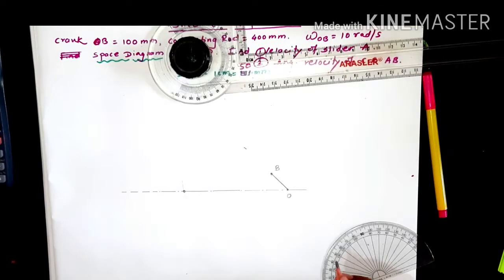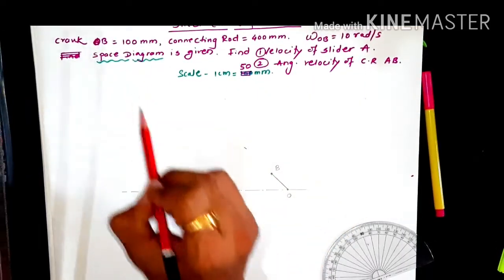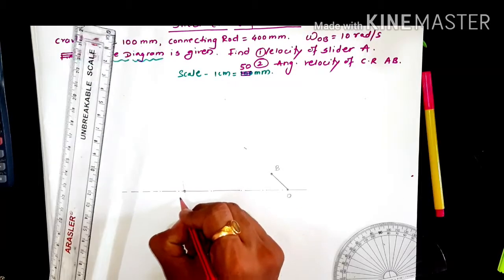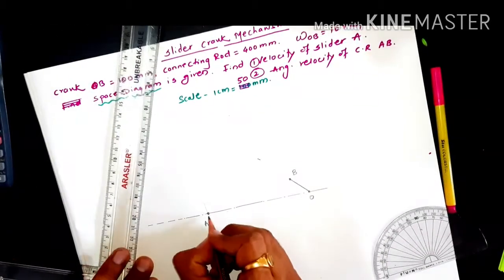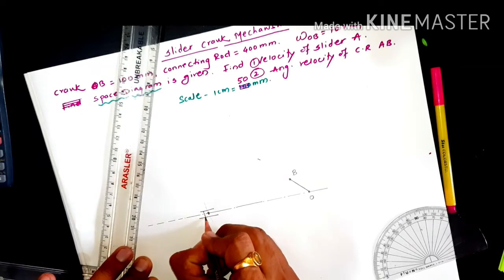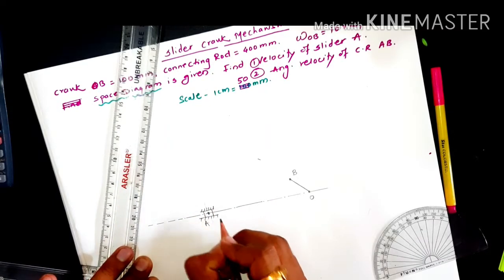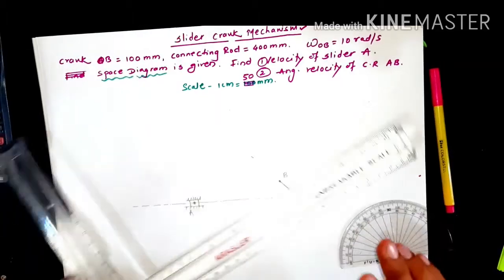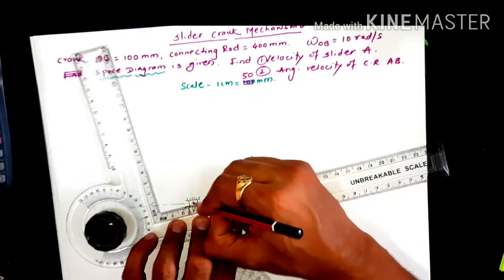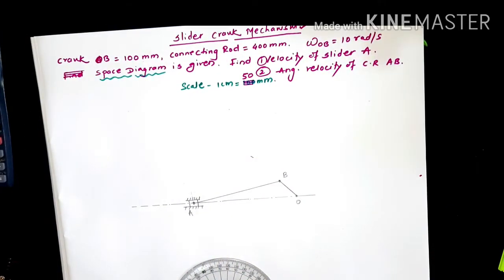So this is the connecting rod AB, and this is my point A. It is nothing but the slider. Let me connect it. That's it. So this is the slider crank mechanism.